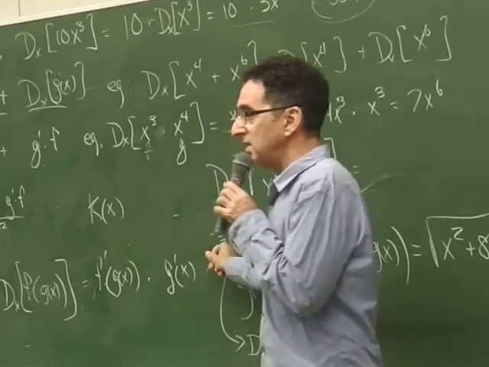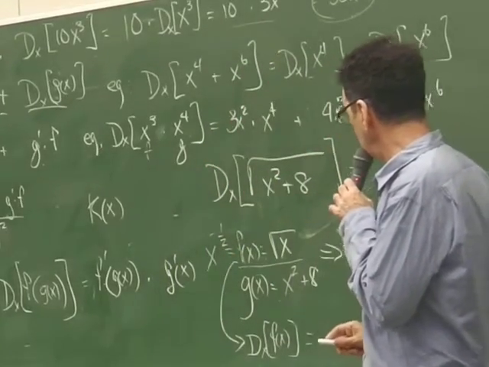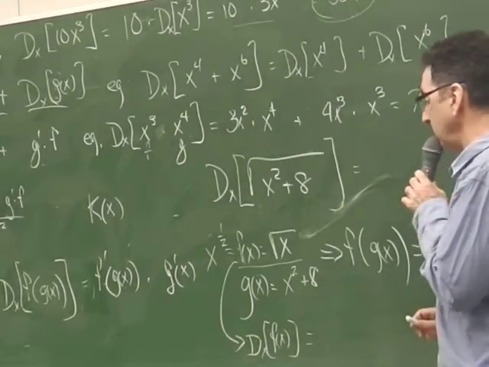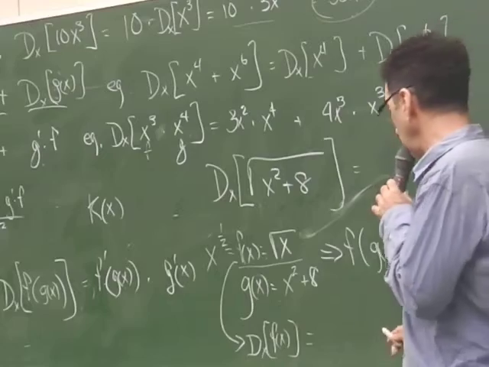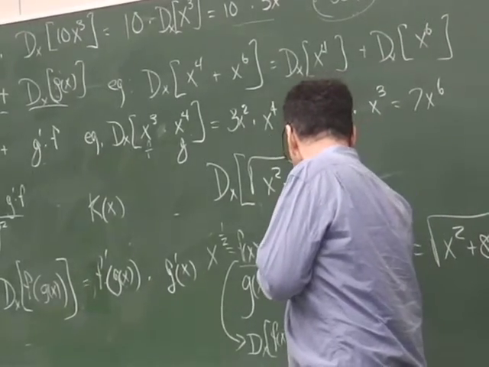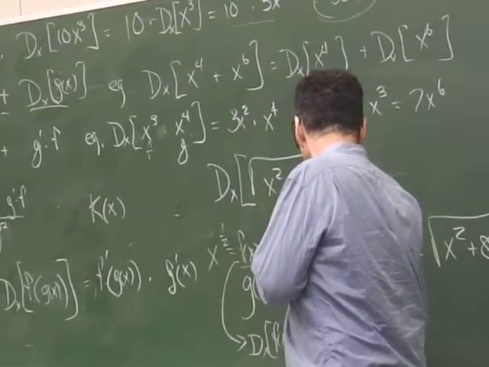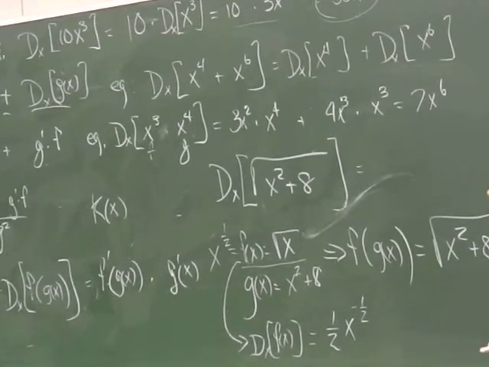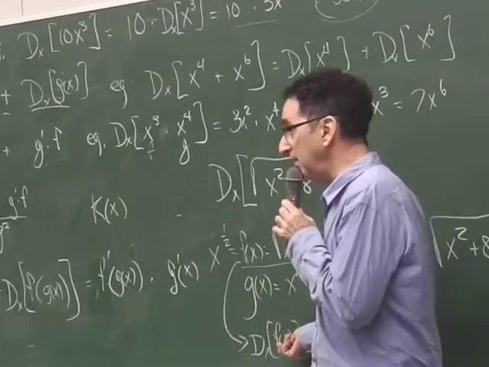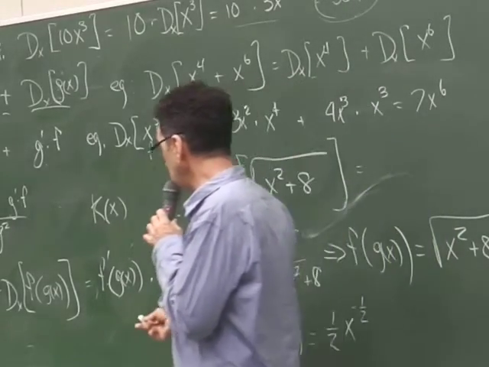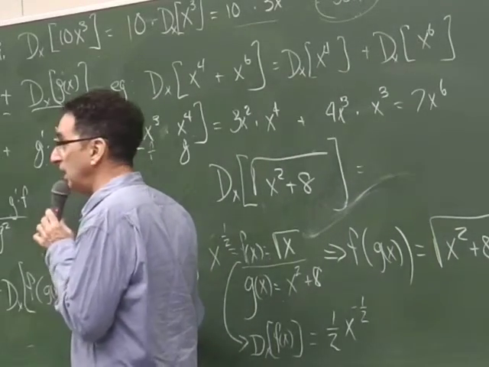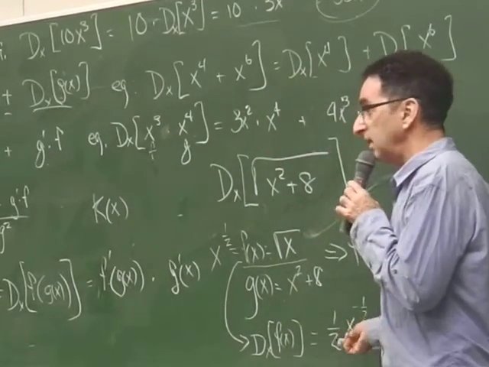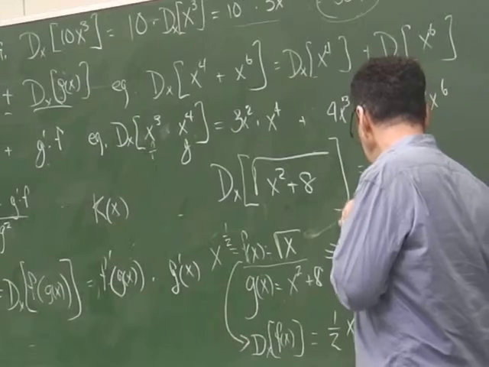If this is x to the 1/2, what's the derivative of that? 1/2 x to the minus 1/2, right? So that's the derivative of f, but we don't exactly just want the derivative of f, we have to put g into that. So I have to put g in for x. So okay, I'll do that.